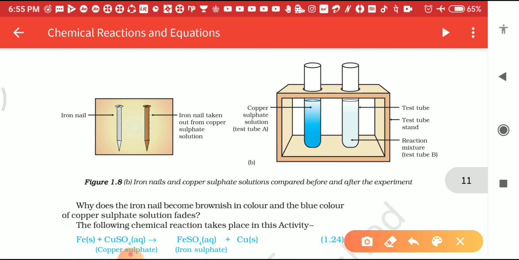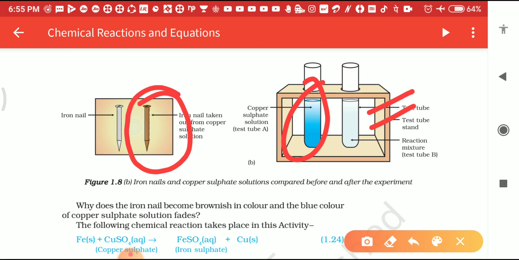Copper sulfate is blue in color, and here the color changes to light green. And the iron nail is covered with a red brown layer of copper metal. Understand? Then I hope you will understand this paragraph.